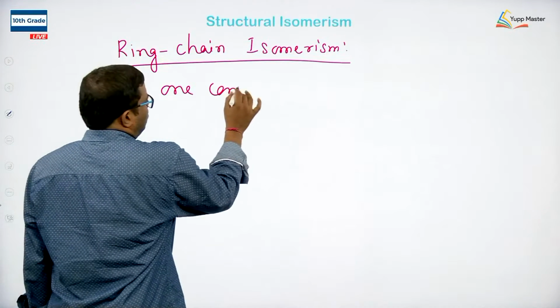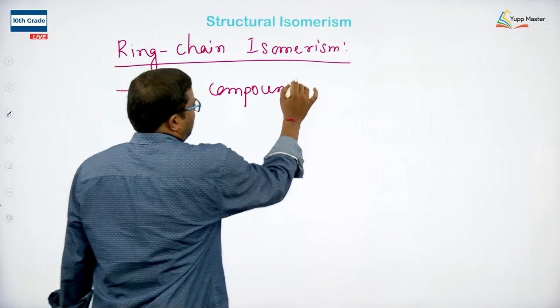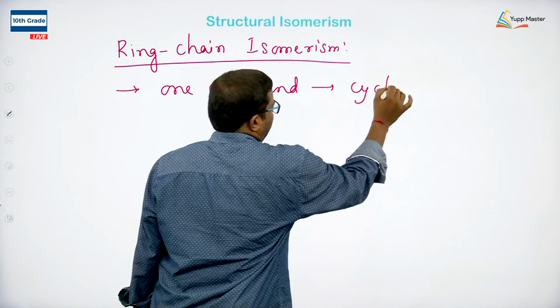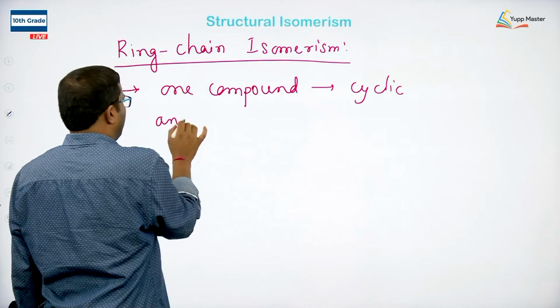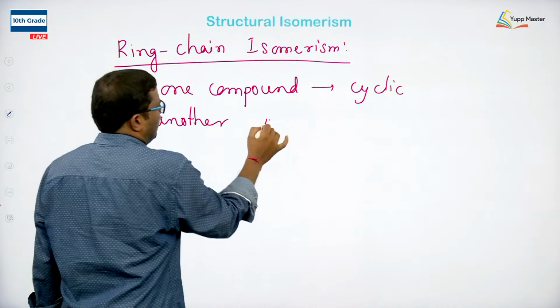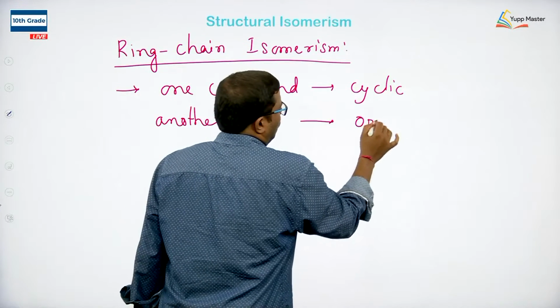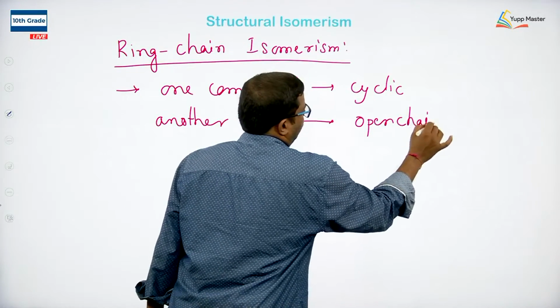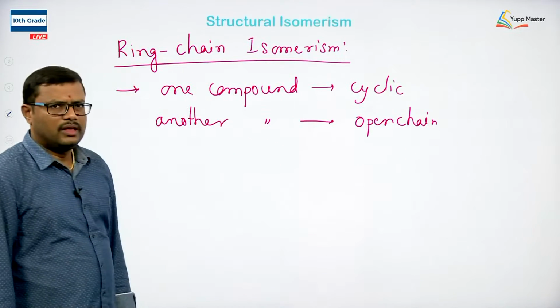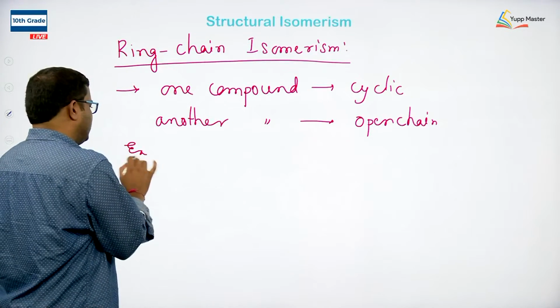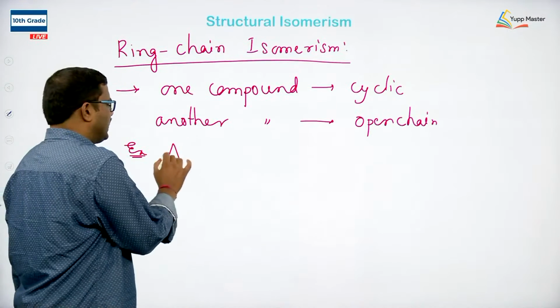One compound will be in a cyclic fashion, whereas the other organic compound will be in an open chain fashion, an open chain compound.